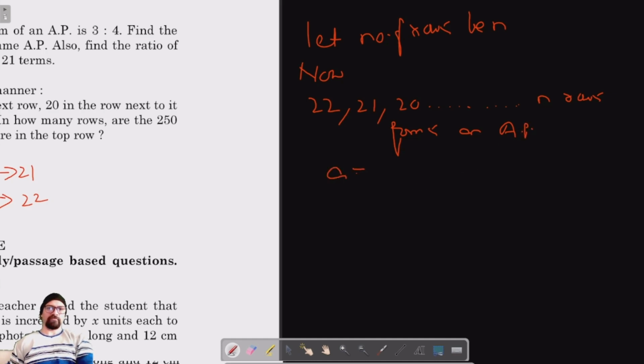So if it forms an AP, a is equal to 22 and d is equal to 21 minus 22, which is equal to negative 1.